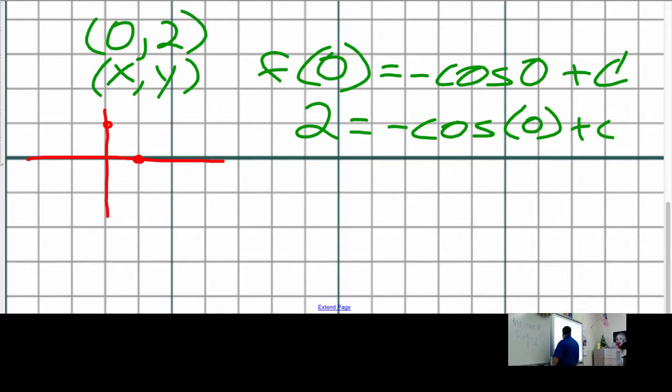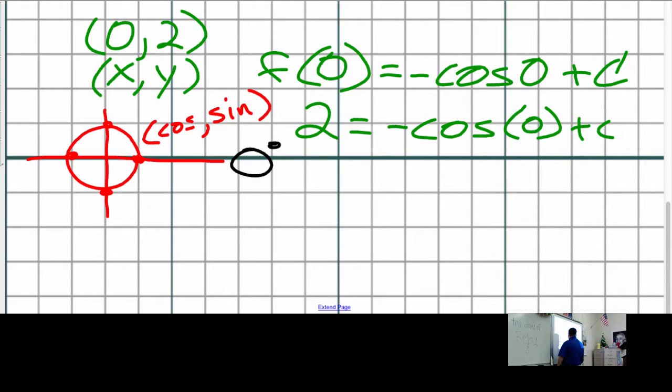So this is my unit circle here, where we have cosine, comma sine. That's how it is on the unit circle. And 0 degrees is the same as 0 radians, so that means this point here, which is 1, comma 0.